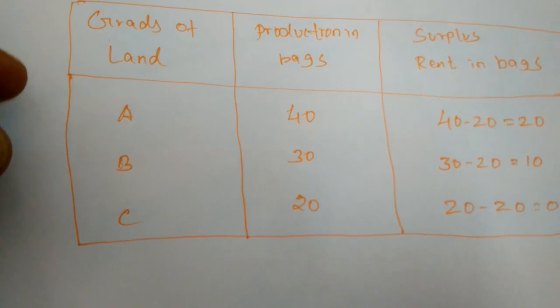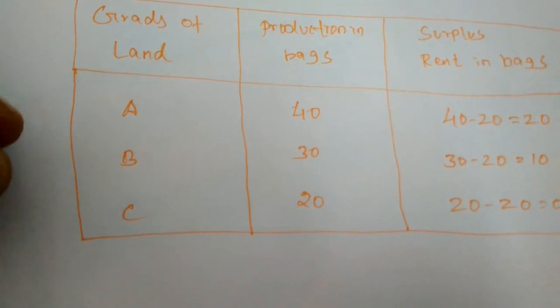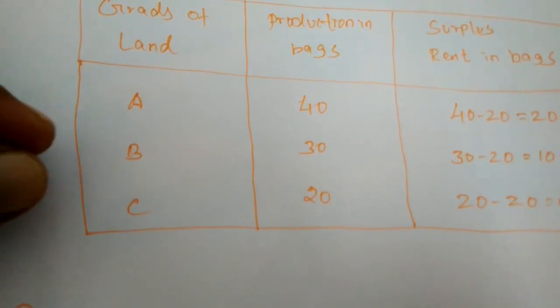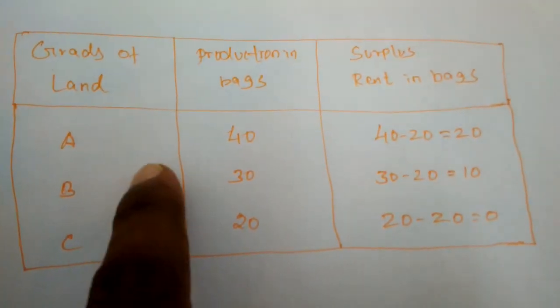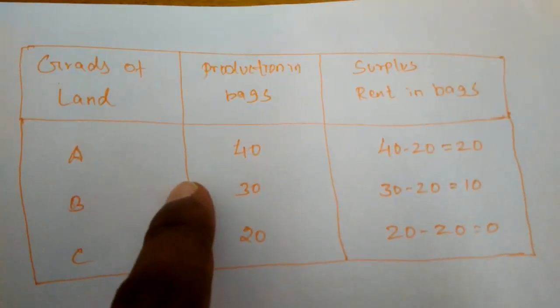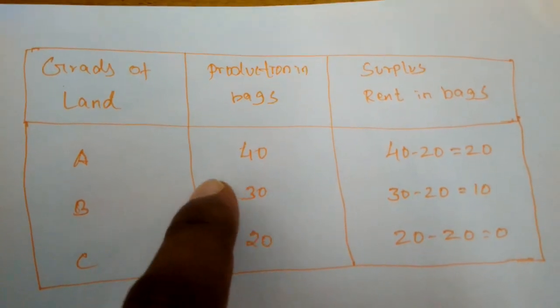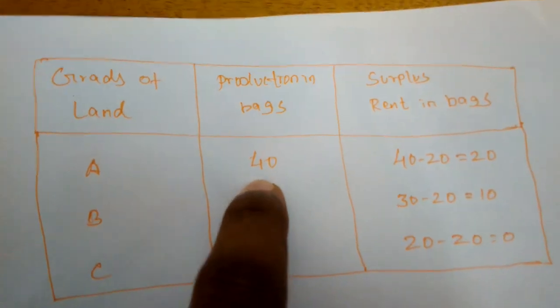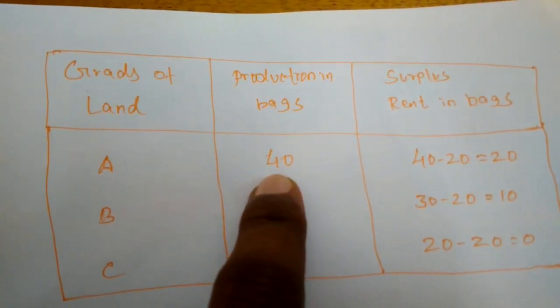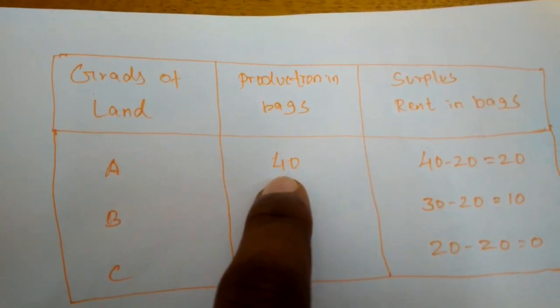Given a certain amount of labor and capital, the yield per acre on A grade land is 40 bags of paddy.